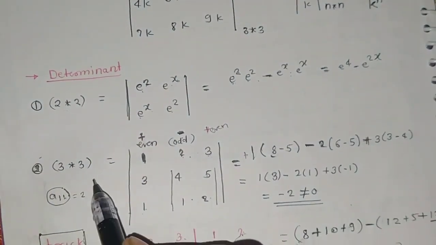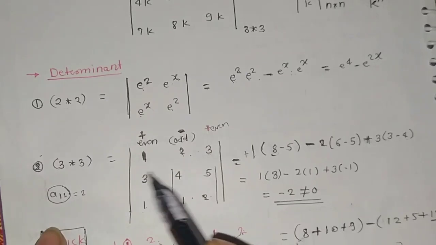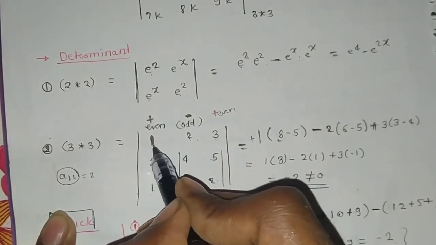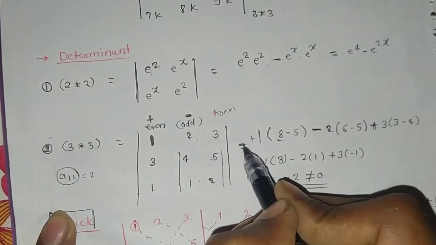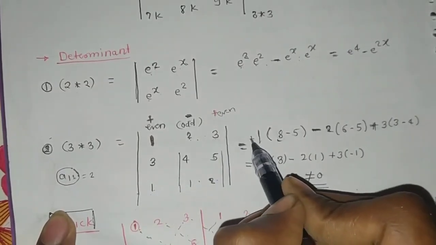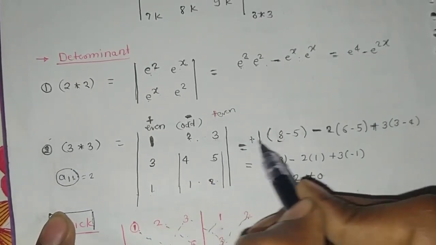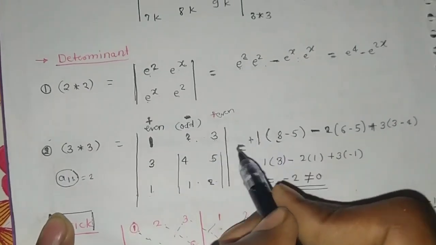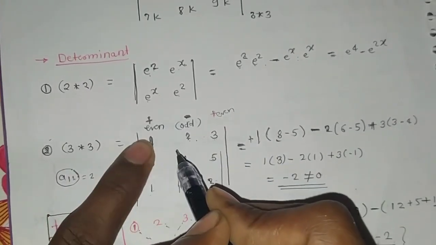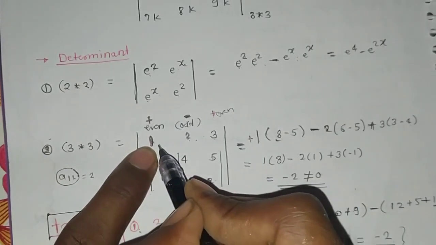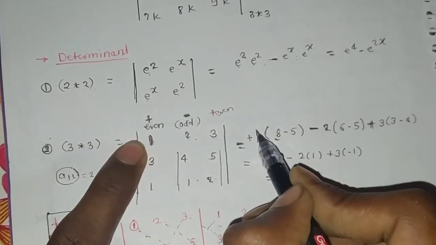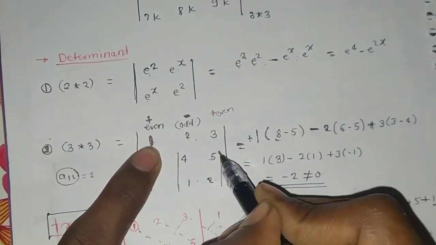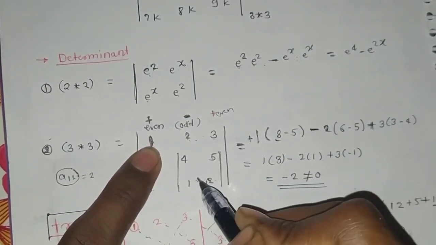If you want to find the determinant of a 3 by 3 matrix, you have to keep in mind that while taking the first row elements, the signs are positive, then negative, then positive. So how to calculate it? First take 1, in round bracket the minor of this element: 4 into 2 minus 5.